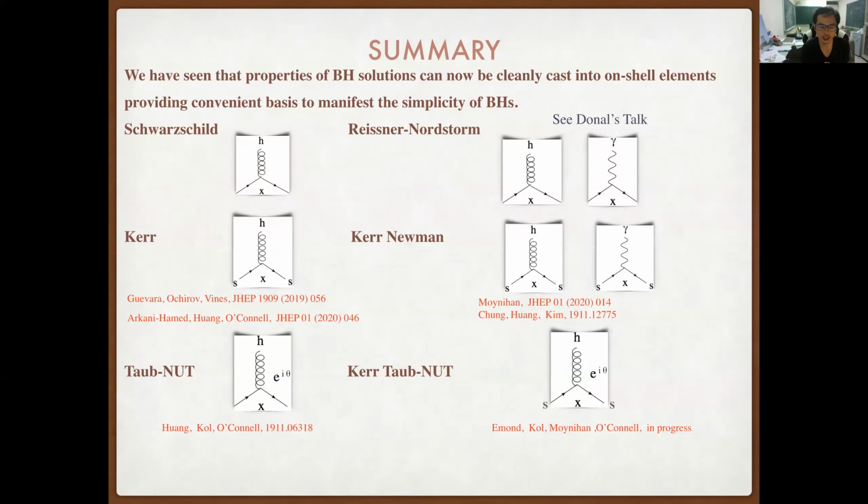For Kerr, it's the spinning, this X dressed with the exponential spin factor. For Kerr-Newman, the electric coupling is also attached with this extra spin factor. And now we have the top knot. And finally, the final thing you can have is to put in an exponential spin and an exponential phase, which should correspond to Kerr top knot, which is ongoing work that should come out soon.